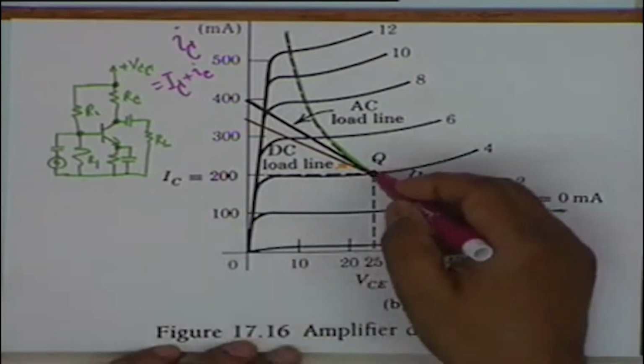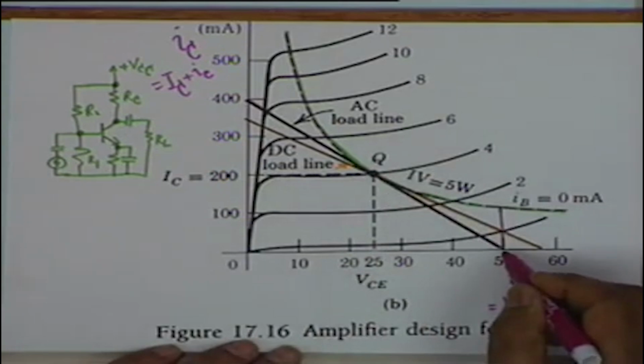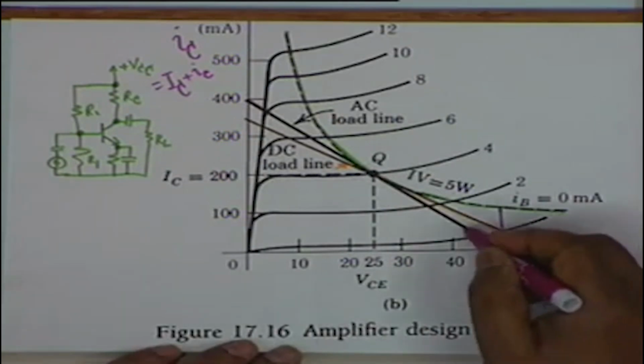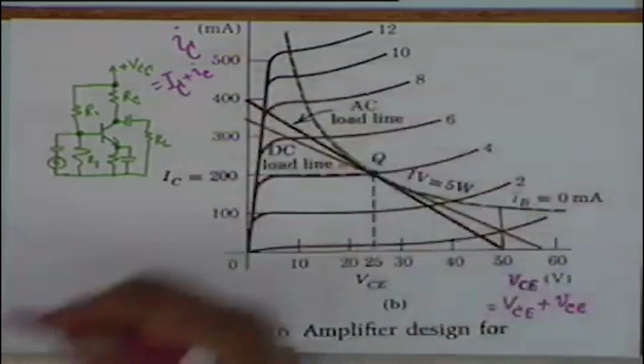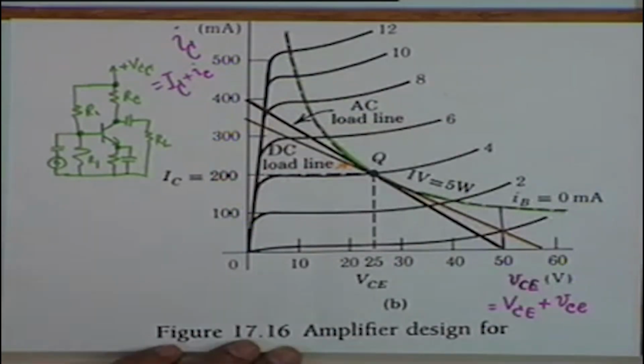Now you know your Q point and you know what is the maximum VCE, and therefore you know the AC load line also. This orange line is the AC load line. Is that clear?